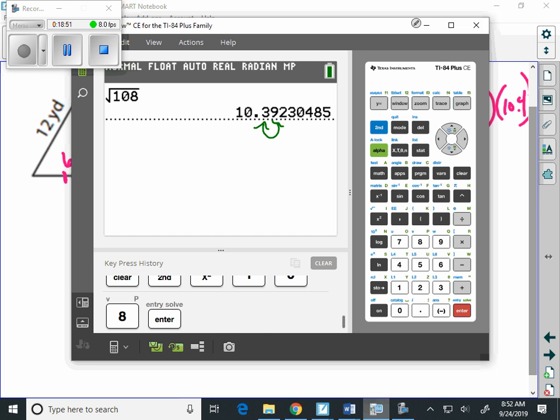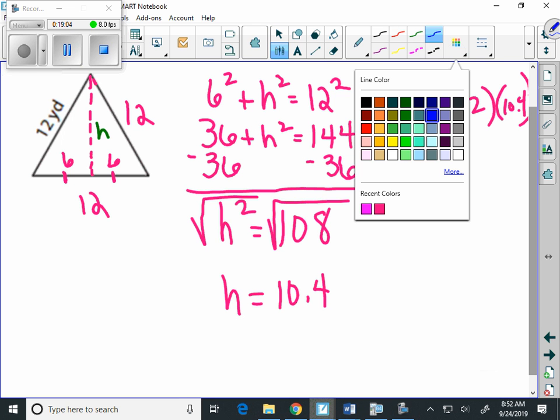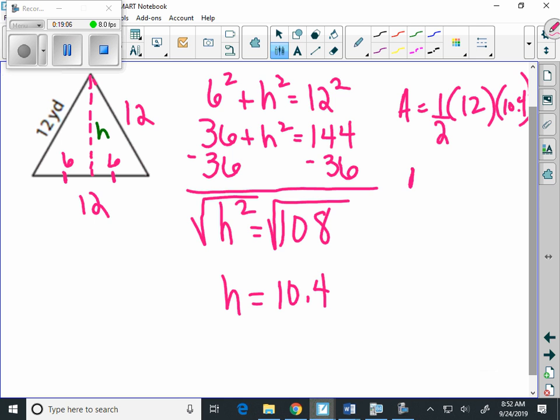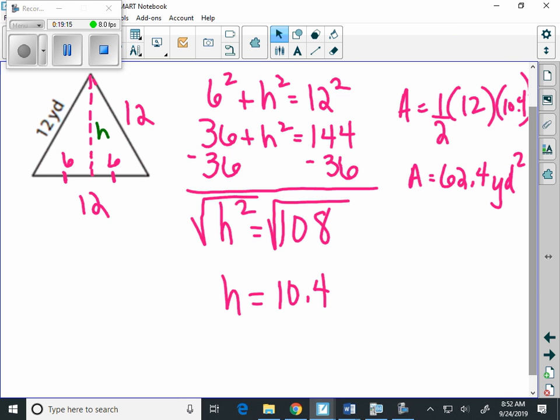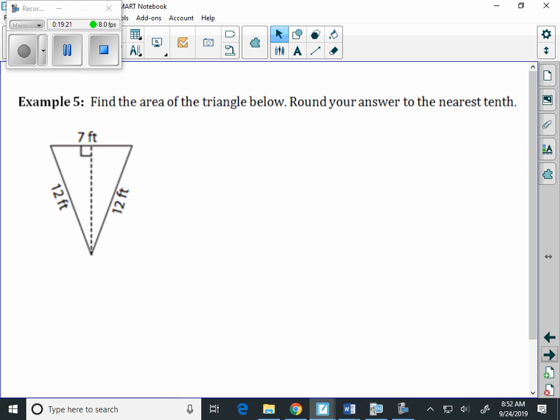Again, 0.5 for the 1/2 times 12 times 10.4 will give us the area of our triangle, 62.4 yards squared. That's the equilateral triangle, but the concept works on isosceles as well.